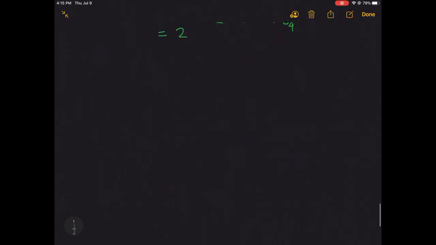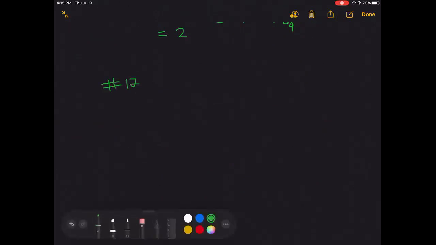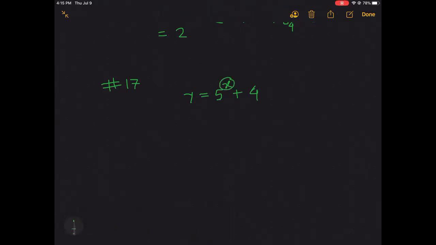So your function is 5 to the x plus something. Let me recheck it. Okay, plus 4. What should be the domain? Negative infinity to positive infinity, exactly, because there is no value of x which makes this undefined, right? So definitely the domain will be from negative infinity to positive infinity.